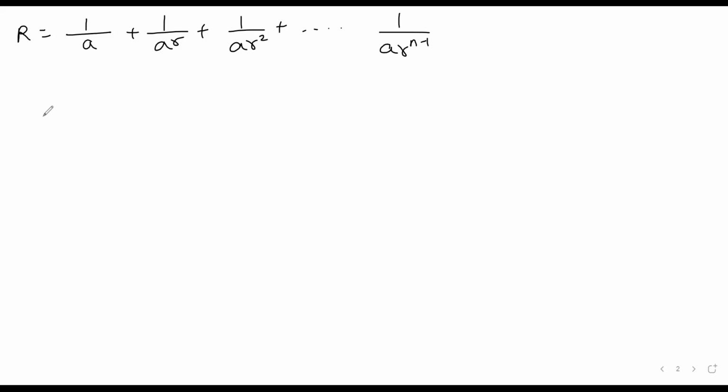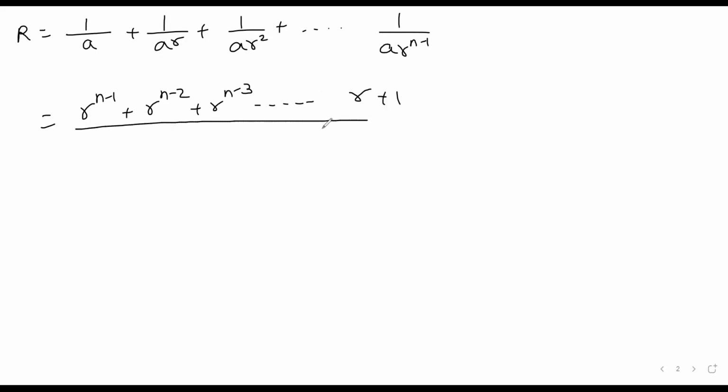Now a is common in the denominator, but r, so I want here r raised to n minus 1, plus here it will be 1, r is there, so r raised to n minus 2 plus r raised to n minus 3. This will go so on up to r plus 1. And this will be a r raised to n minus 1, common denominator.